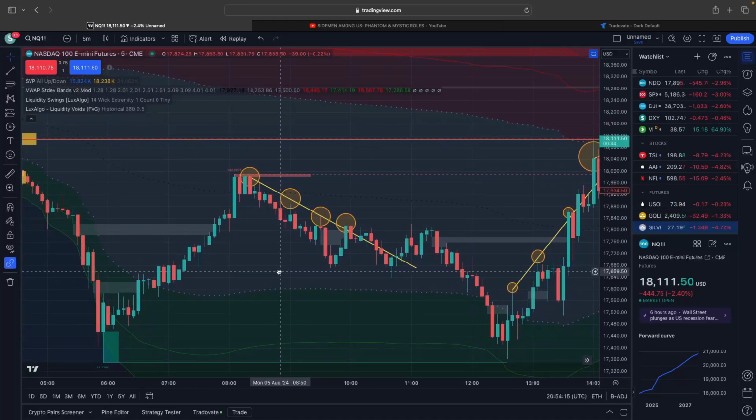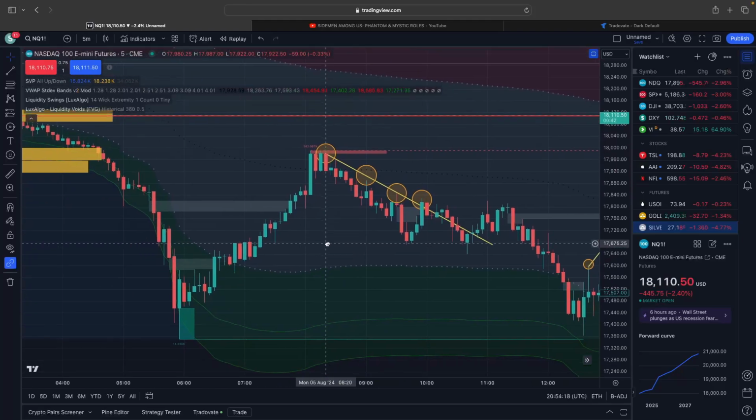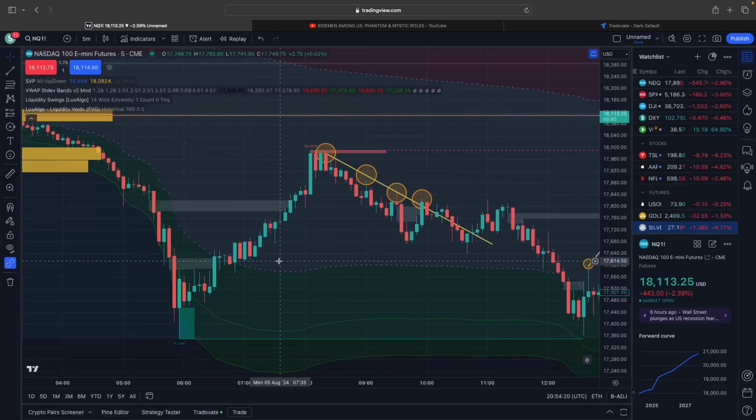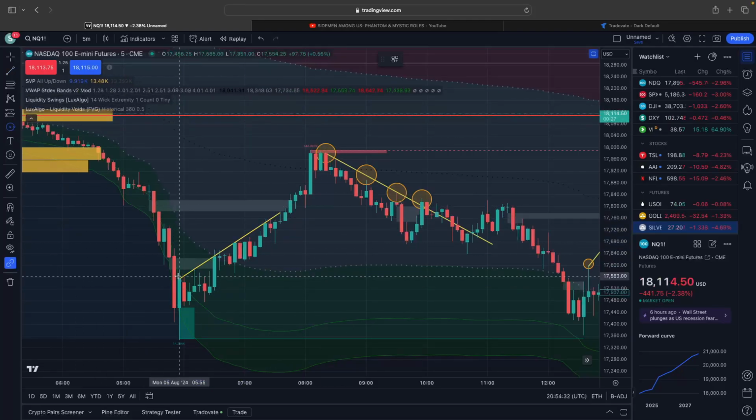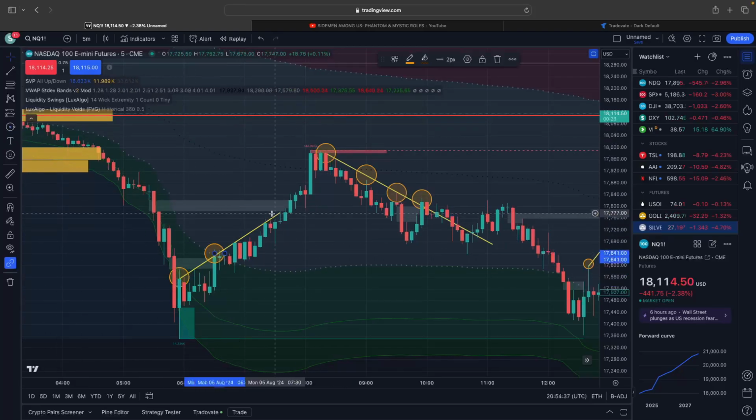Where else? Remember, this works on the flip side, right? This is just to show you little trades. 1, 2, put your sell limit here. What happens?